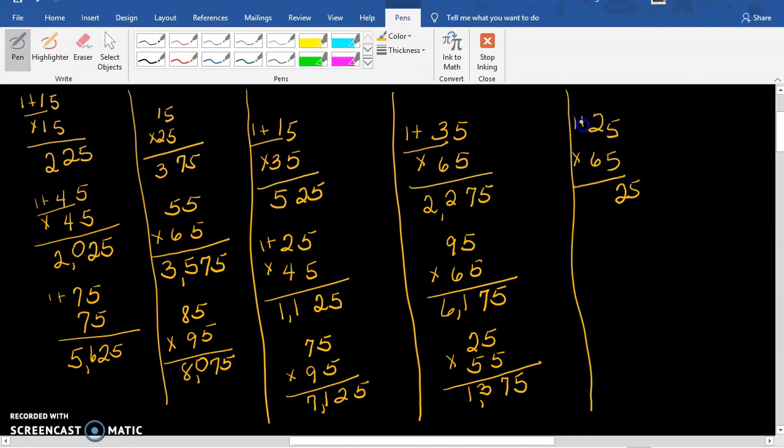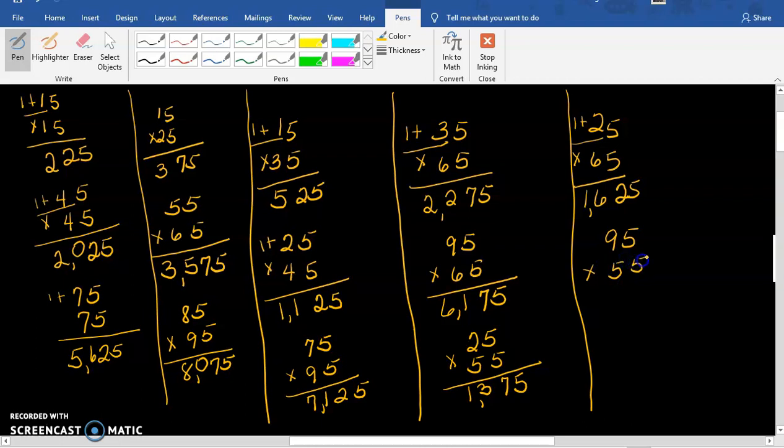I am going to add 1 to my smaller tens digit, multiply by the other, minus 2. So 1 plus 2 is 3, times 6 is 18, minus 2 is 16. So 25 times 65 is 1,625.